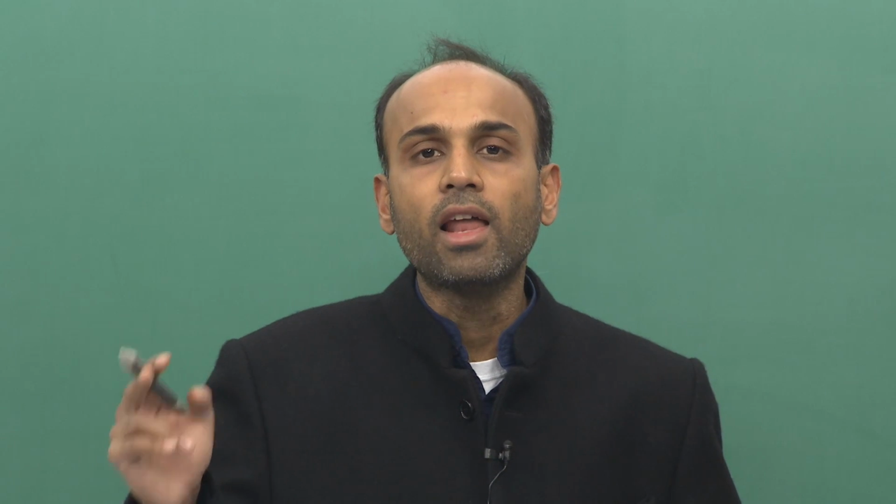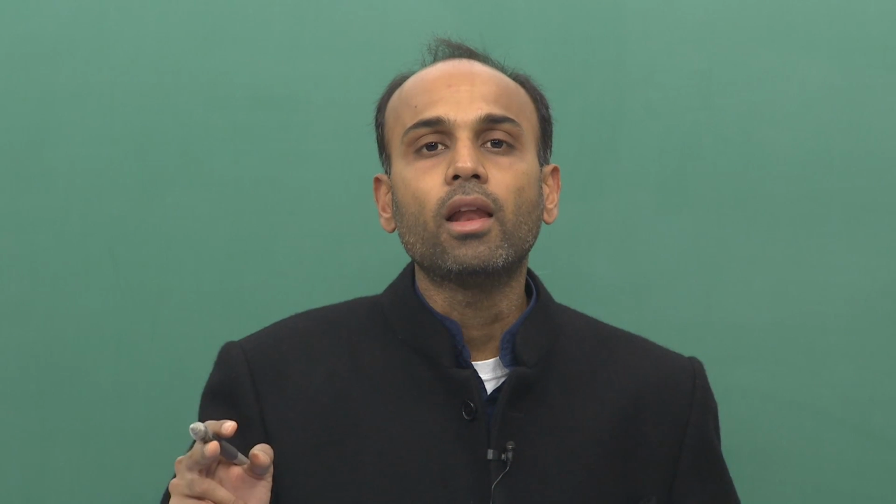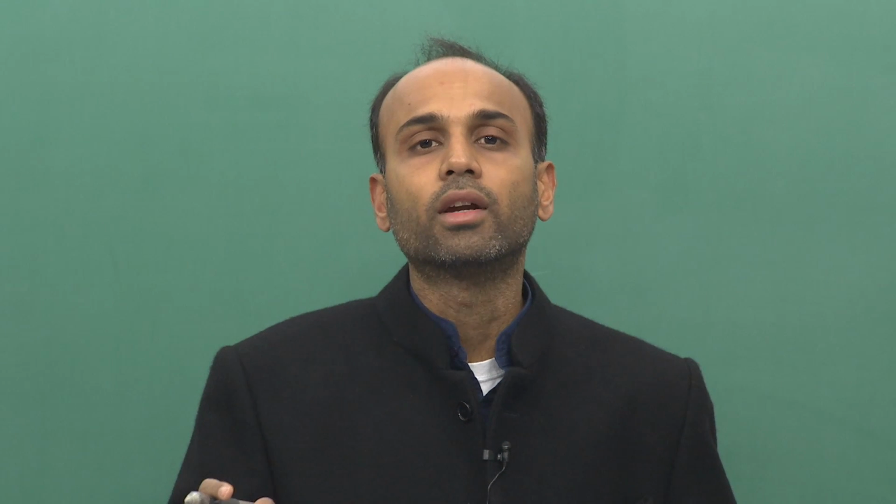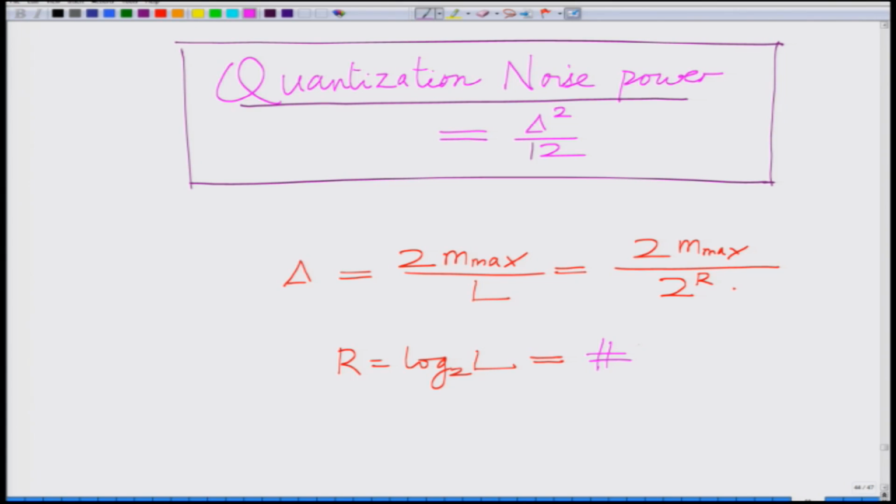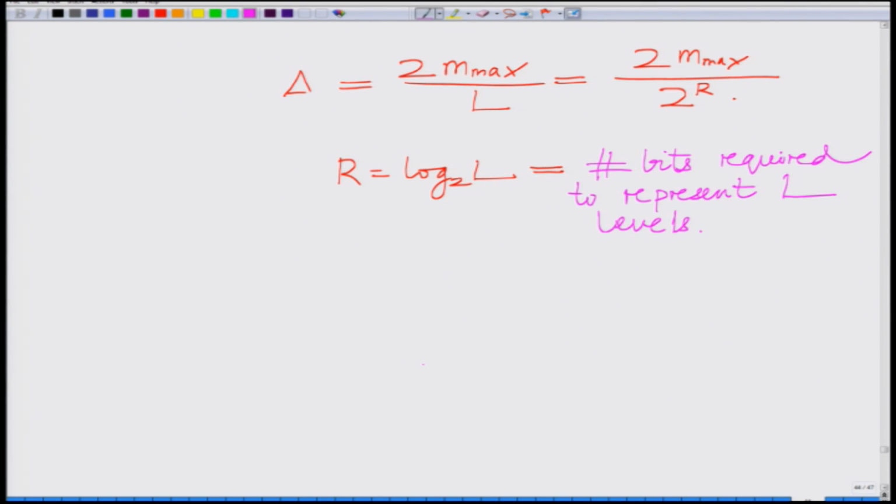So, if you have L levels, we need log L to the base 2, that is r bits. So, r equals log L to the base 2, the number of bits required to represent the L levels.